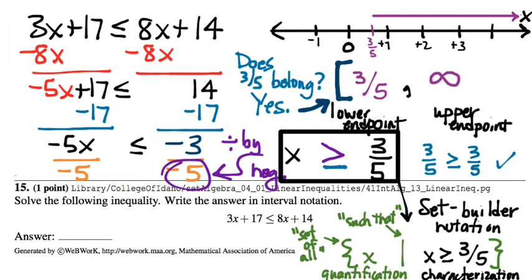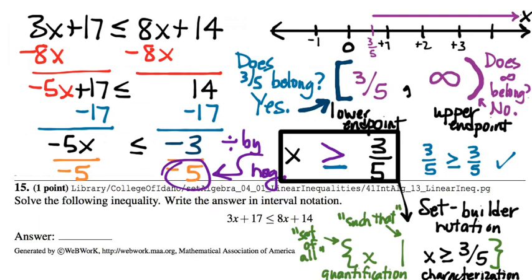What about the infinity? Round bracket. And why does infinity get a round bracket? Does infinity itself belong? Is it a solution? No, because infinity is not a number.